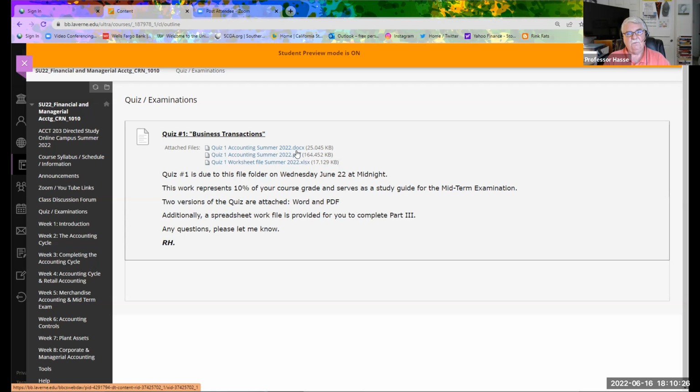It's already formatted. All you have to do is put in the dates and the numbers and the accounts, so you don't have to worry about writing it out. All you have to do is open up that spreadsheet and answer the questions in the format that I've given you. That saves you a lot of time and a lot of grief.